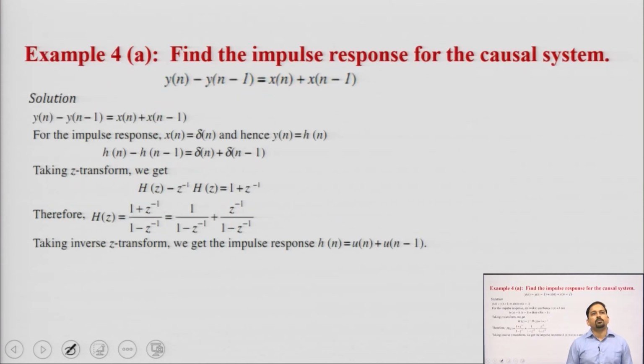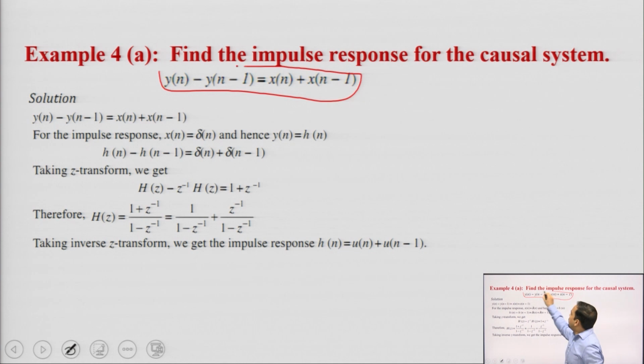Next, we have the impulse response. We have the difference equation available and we need to check whether the system is causal or not: y(n) minus y(n minus 1) equals x(n) plus x(n minus 1). First of all, we are going to calculate the impulse response.